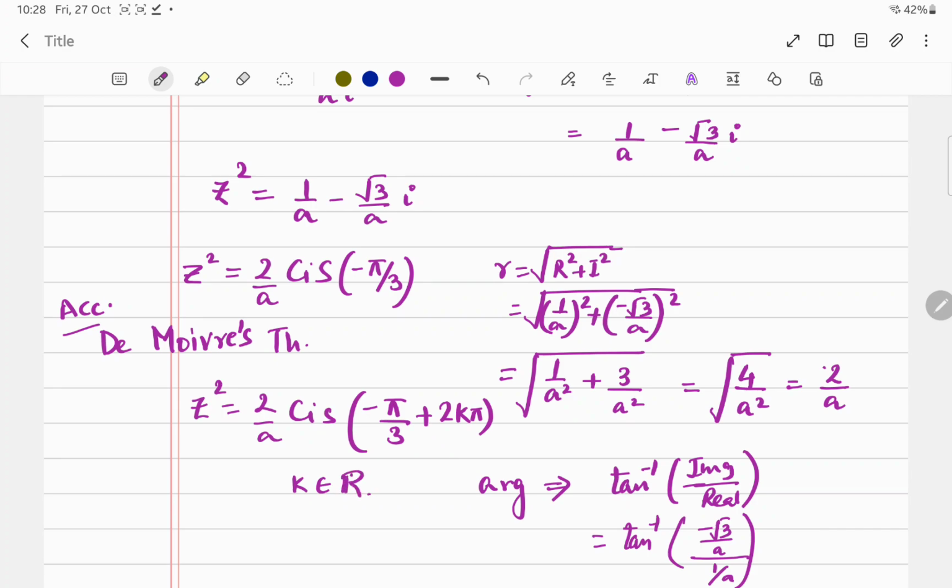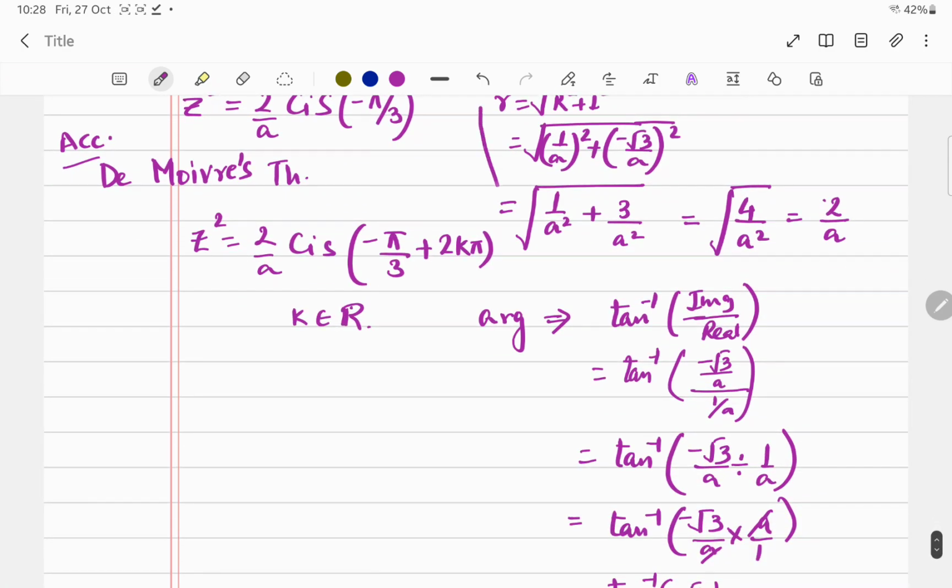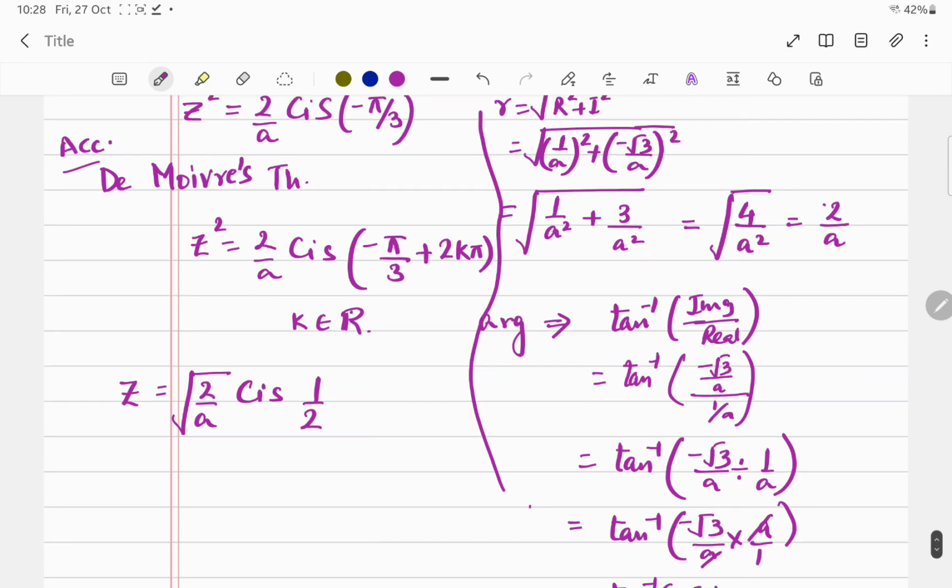Now z is equal to the square root of 2 over A cis, and here we multiply by half of that, or divide by n in this case.